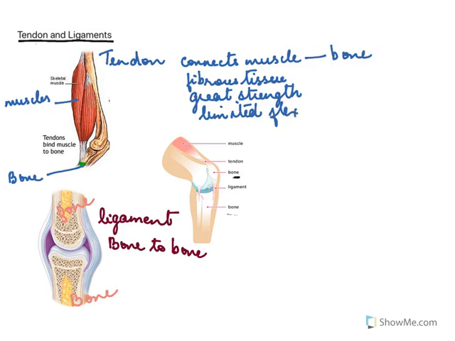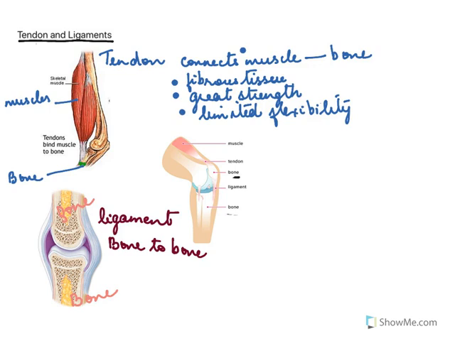So these are the points you must remember of the tendon. It connects muscle to bone. It's fibrous tissue, it has great strength and limited flexibility.